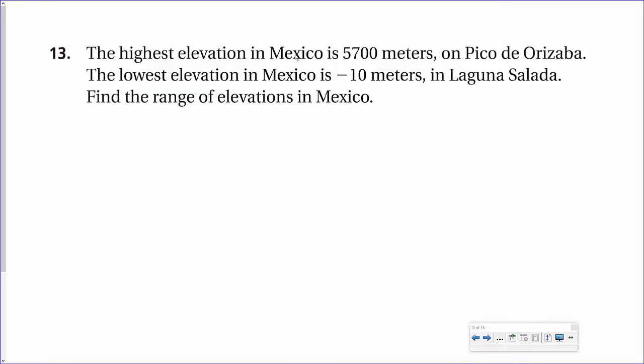The highest elevation in Mexico is 5,700 meters. The lowest elevation is -10. So what's the range between the elevations? So I'm going to go from -10 to 5,700. And we know that this is really going to be written two different ways. I can either write it as 5,700 minus a -10. And we know that the negative and the negative becomes a positive.